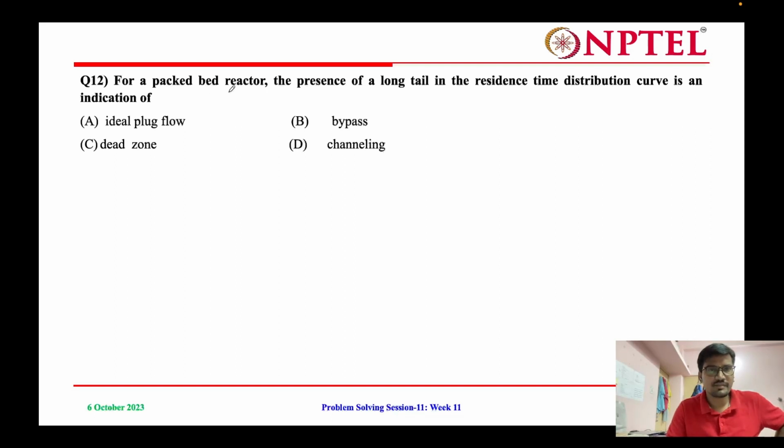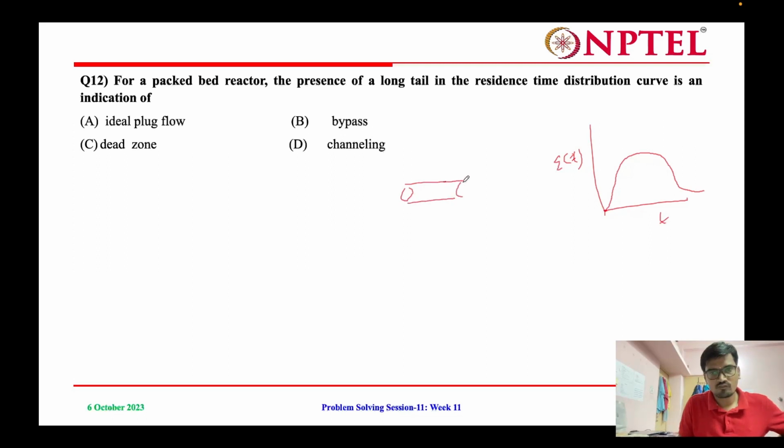Question 12. For a packed bed reactor, the presence of a long tail in the residence time distribution curve, this curve of E versus T, is an indication of what? Like the packed bed reactor, this is a dead zone.